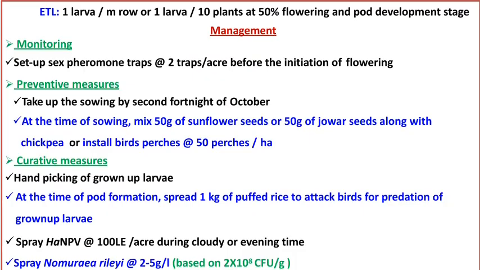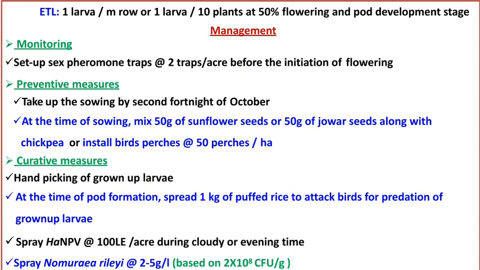Now, how can we manage Helicoverpa armigera in gram or chickpea? Before we go towards the management practices, we should know the economic threshold level of the pest. The economic threshold level of Helicoverpa armigera is one larva per meter row or one larva per 10 plants at the flowering and pod development stage.